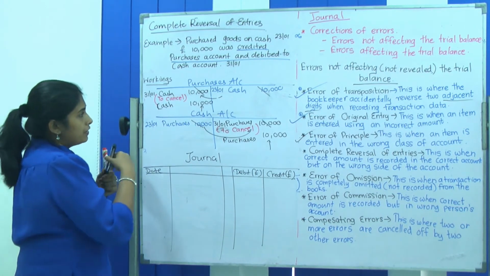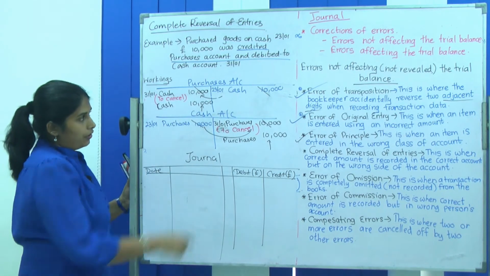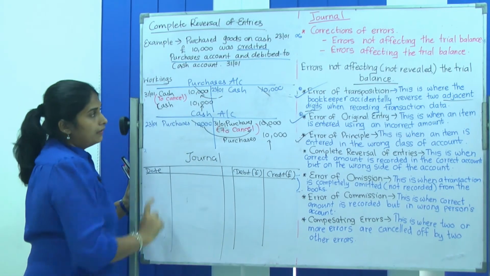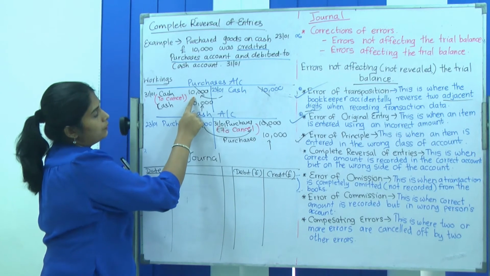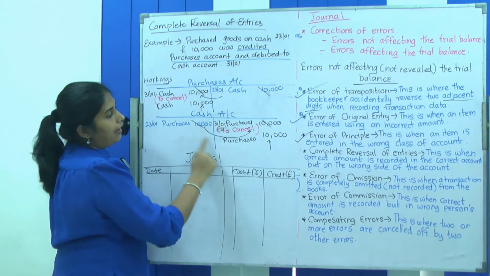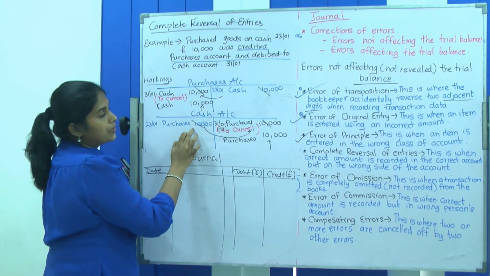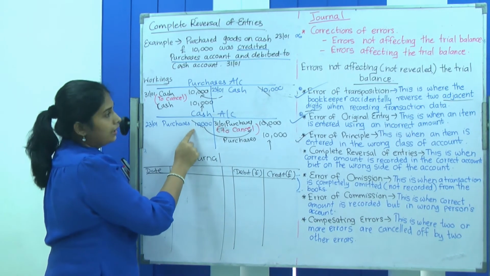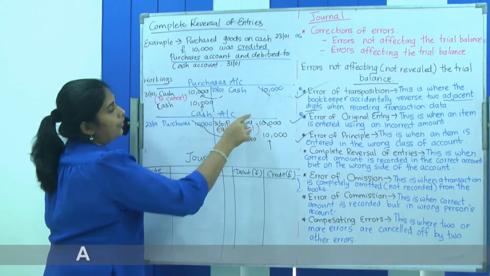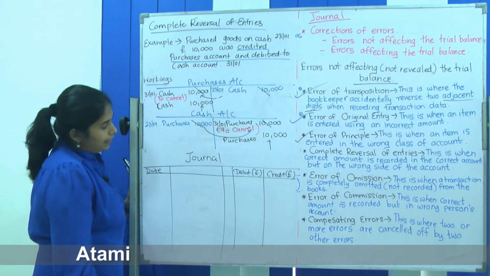So the purchaser was debited by 10,000 and cash was credited by 10,000 to cancel, because this 10,000 does not belong to the books or T accounts. So to cancel, you have to record on the other side.